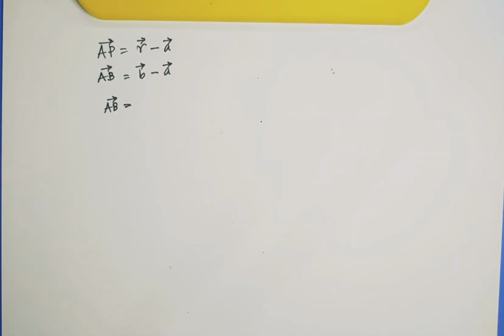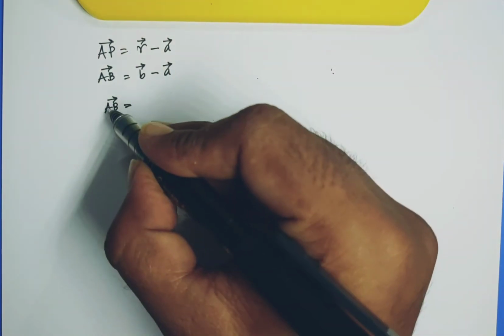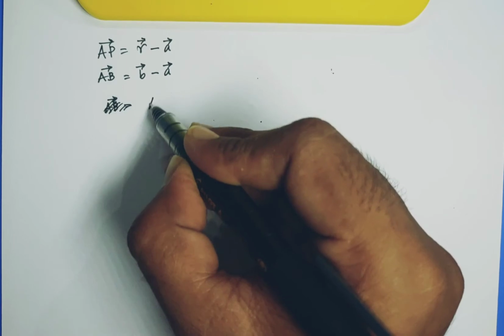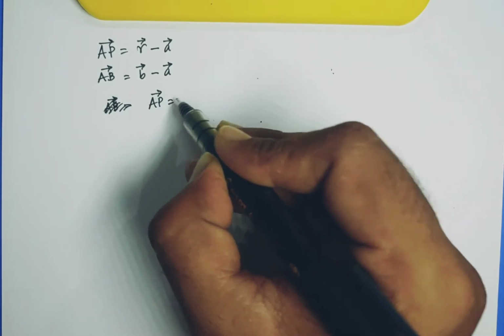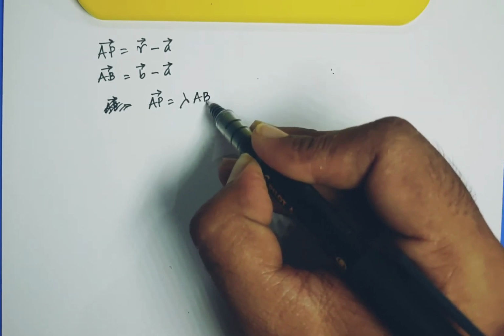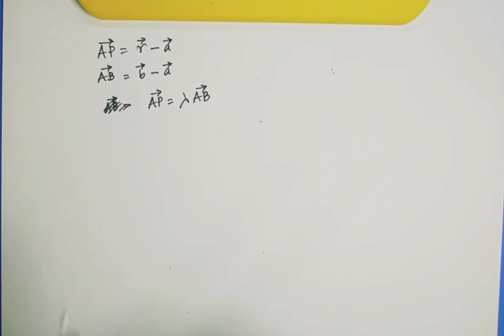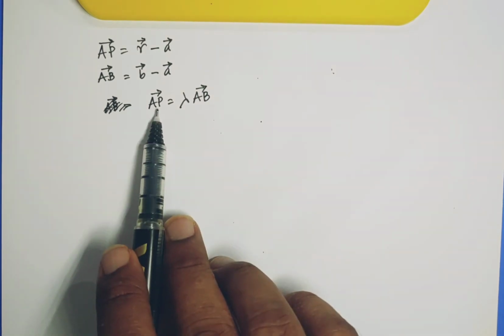is equal to, what is that? So we have written the opposite one. So it will be the AP vector, because we need to have the general one, is equal to the AB vector. So this is it. Not AB vector equal to lambda AP vector. It is also correct, but we have to write in the general way.